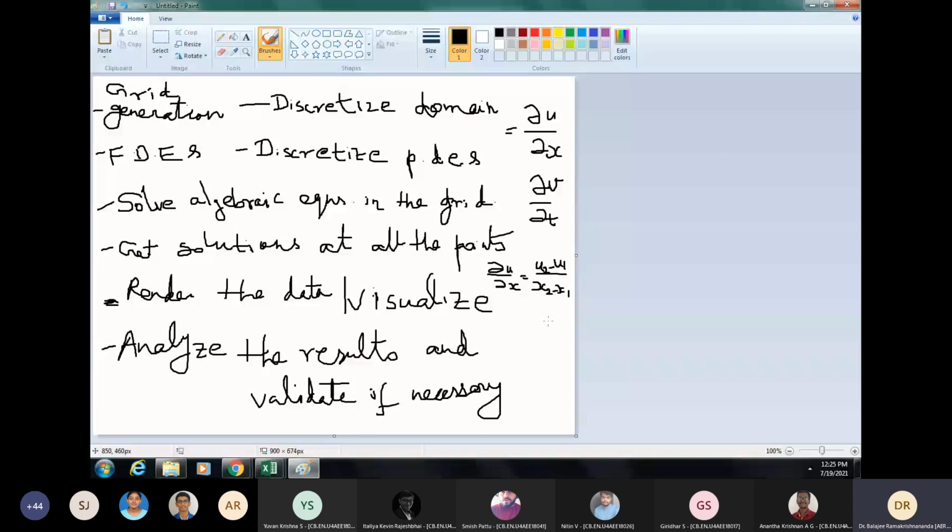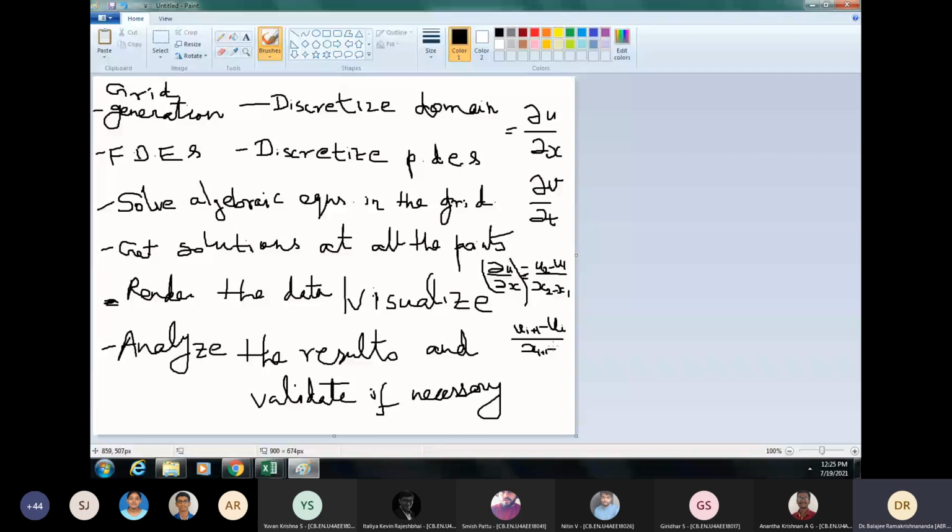No. So you are representing the derivative itself by some linear terms like u and v at some points. Okay, I can call it as u at I plus 1 minus u at I, I is any point in the x-axis, by x at I plus 1 minus x at I. Now I can apply it to any point I in the x-axis, correct?